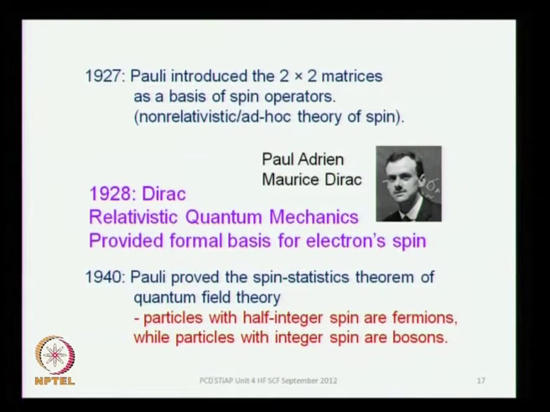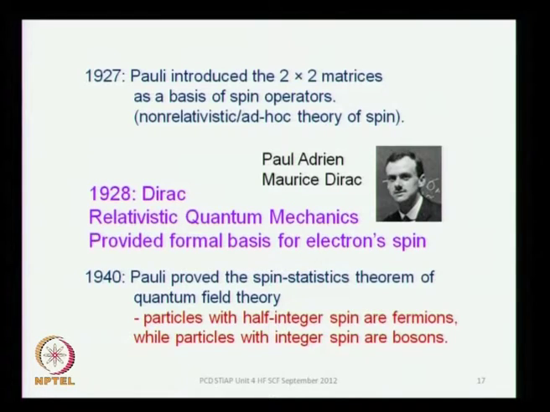But then we know that the reason is the formal existence of electron spin as it comes out of Dirac's relativistic quantum mechanics. So, spin is an integral property of the electron, and then Pauli developed the spin statistics theorem that particles with half integer spins observe the Fermi-Dirac statistics and particles with integer spins observe the Bose-Einstein statistics.